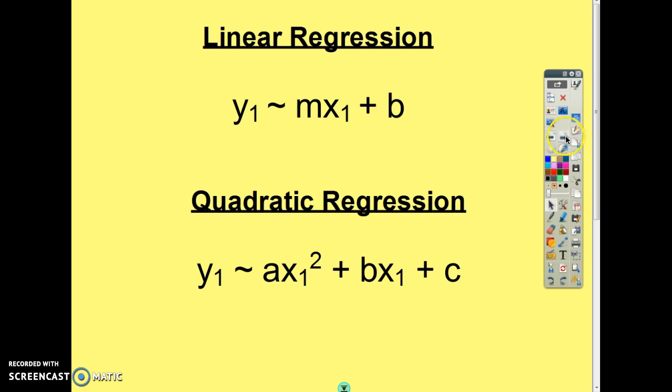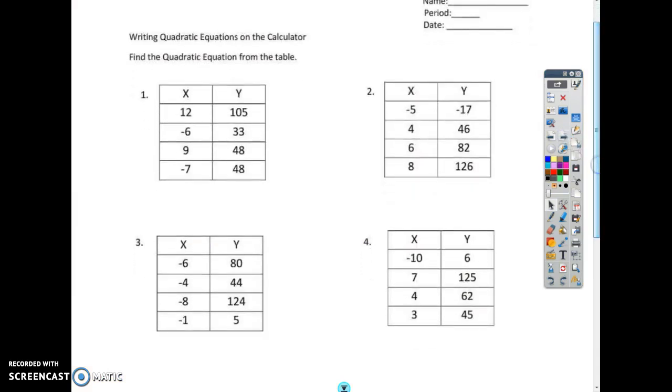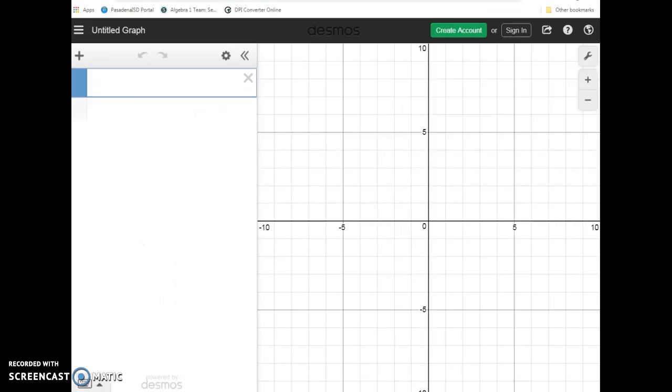So we're going to go ahead and start with problem number 1. I want everybody to add a table on Desmos and put this table on there. We're going to do it like this. You're going to press the little plus button to add a table. Una tabla. And you're going to type the numbers in there.